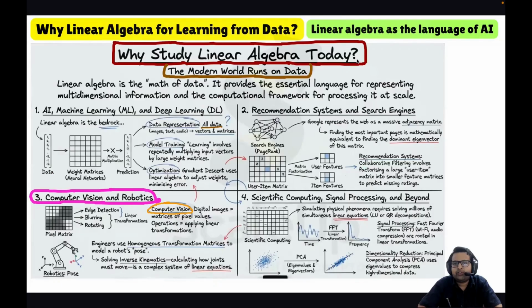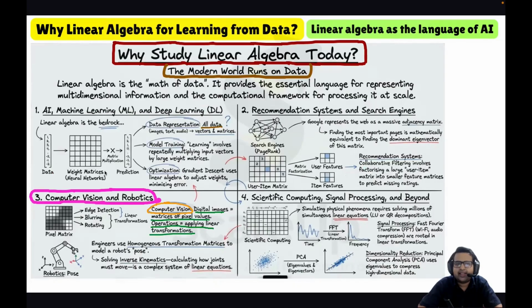Operations like edge detection, blurring, or rotating are performed by applying linear transformations, that is, matrix multiplication, to these pixels. So the operations on the image are basically linear transformations of these matrices.